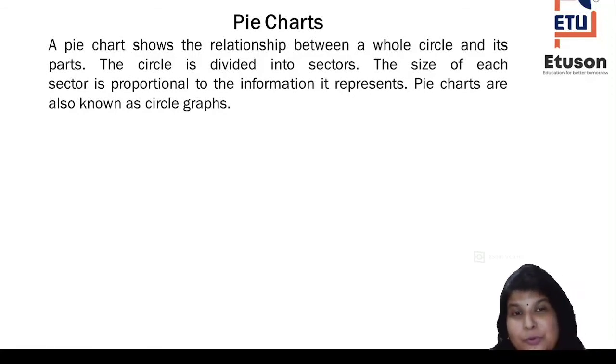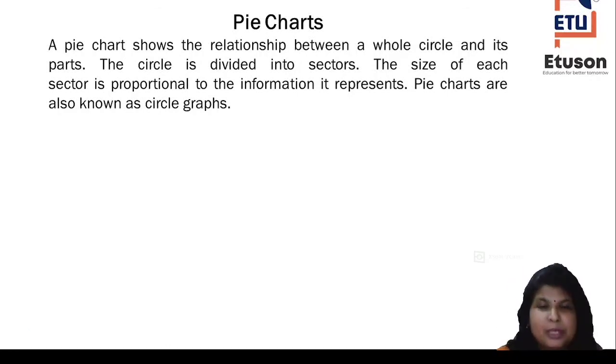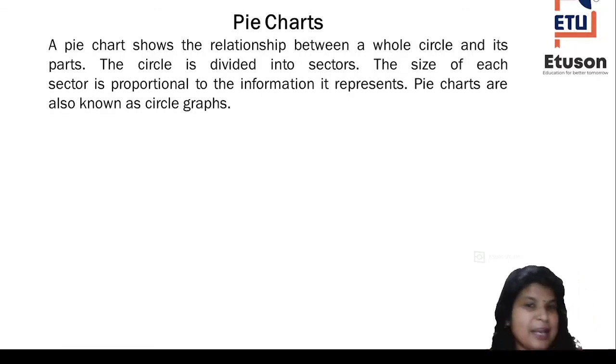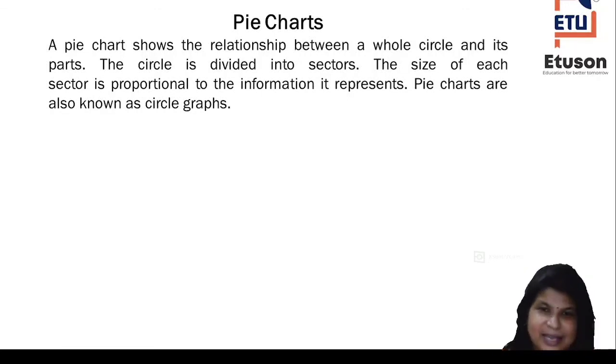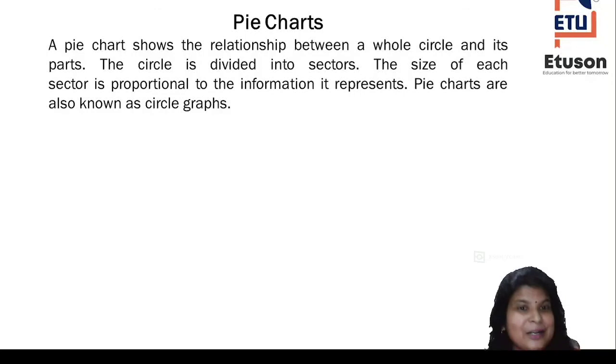You remember in your SST, social studies and science, the composition of air, like how many percentage of air is nitrogen, oxygen, carbon dioxide, etc. You have plotted on a circle with the different percentages.